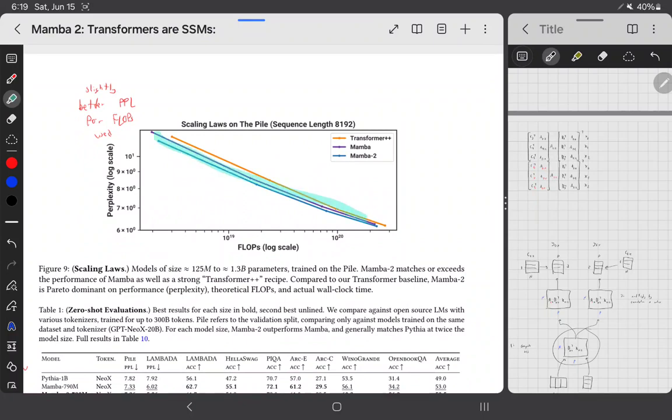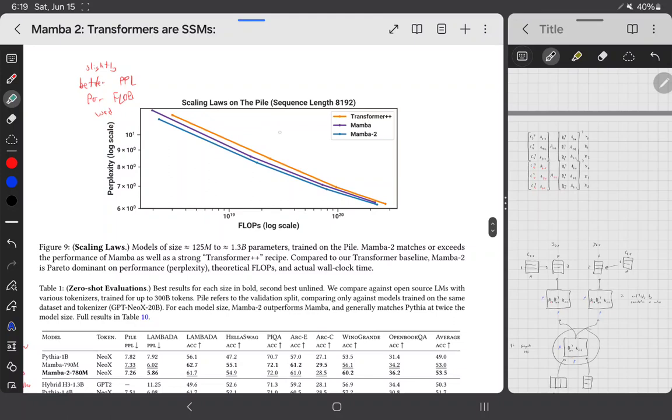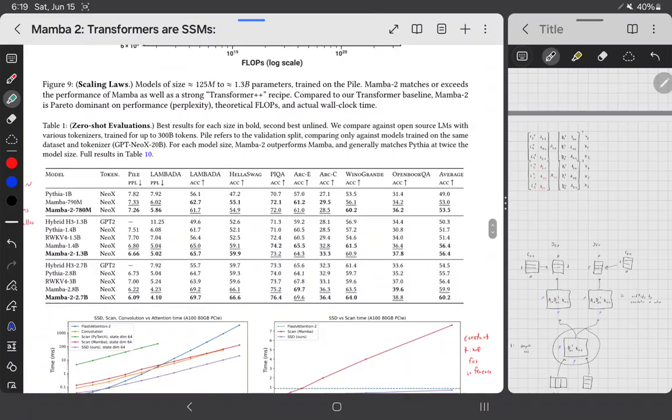Flops. As you increase the number of flops, the perplexity goes down, and for Mamba and Mamba 2, it's slightly better than a transformer on this graph here, so on the Pile. It probably isn't, I don't know if it's a ton better. We'll have to see if it actually is.